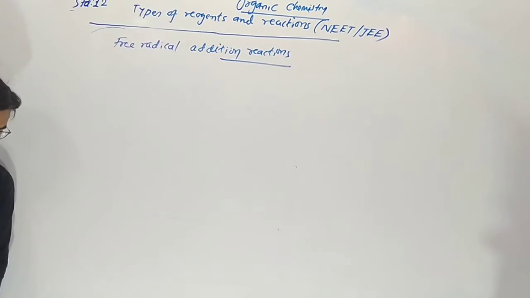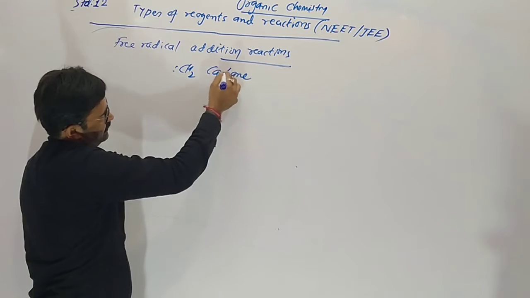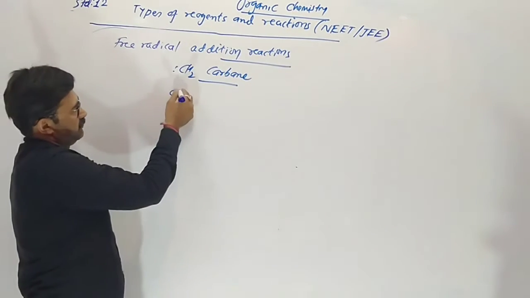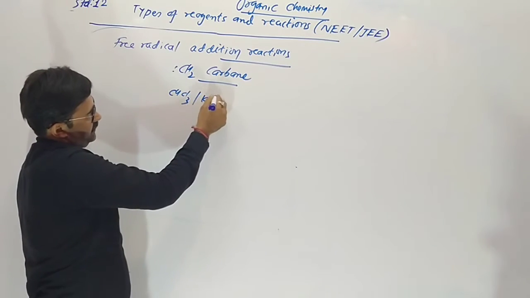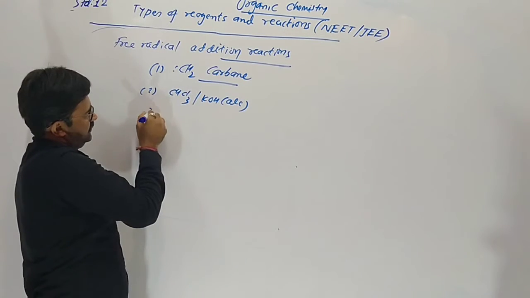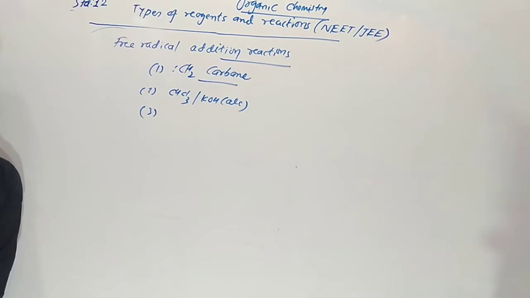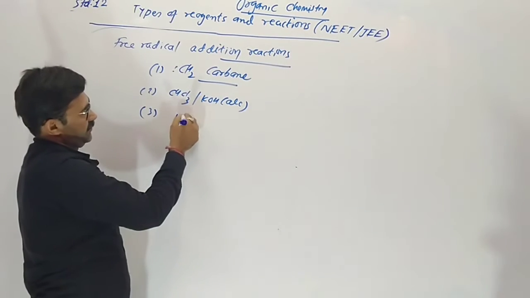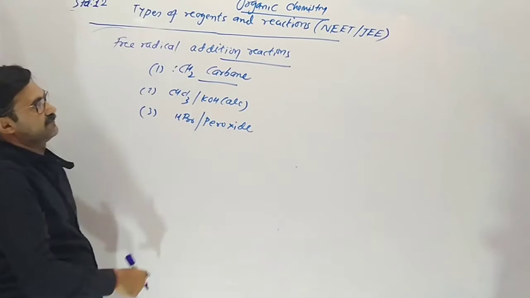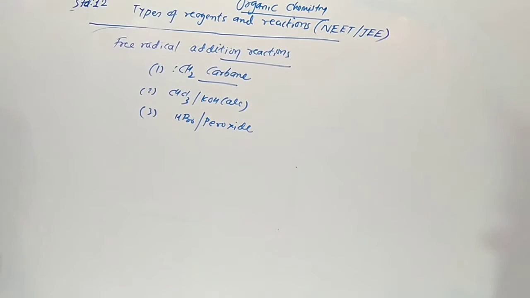In free radical reactions, which type of attackers attack? So first of all is a carbene. Then in our book, chloroform with alcoholic KOH, second one. And third one is HBr, hydrobromic acid with peroxide, which gives the free radical addition reactions.